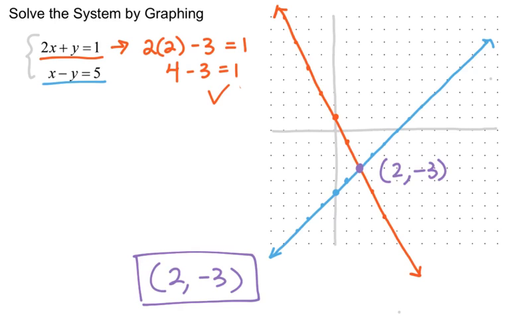That would be a true statement. That means this ordered pair is on that line, as well as 2 minus negative 3 equals 5, or 2 plus 3 equals 5. So this ordered pair is on both of those lines simultaneously. There is one unique solution: consistent, it makes sense, and independent. It is a singular solution.